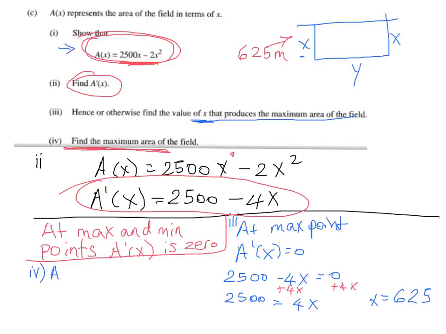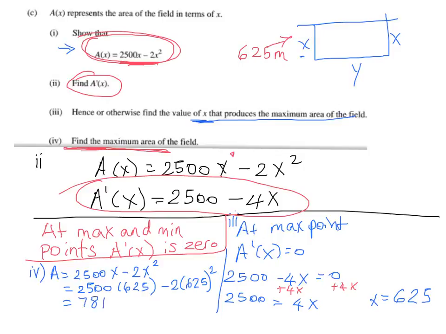And since we know area is 2500x minus 2x squared, we can plug in our x value, which we just got as 625, to figure out what the maximum area of our field would be. 2 times 625 squared. So now we can see that our maximum area would be equal to, when we work that out, 781,250 meters squared. And that's the end of our question.